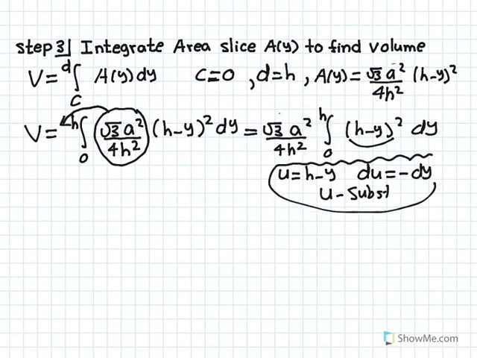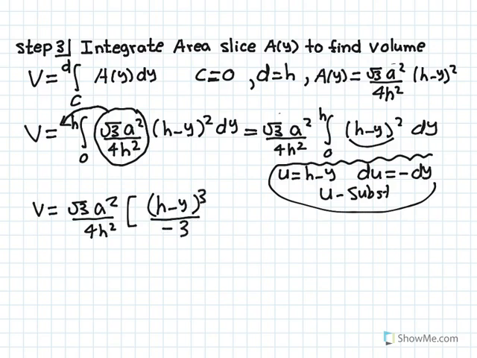So we're going to get volume is equal to root 3 a squared over 4h squared times (h − y) all cubed divided by minus 3. Don't forget the minus. The minus is coming from the fact that du is minus dy. Evaluated from 0 to h.